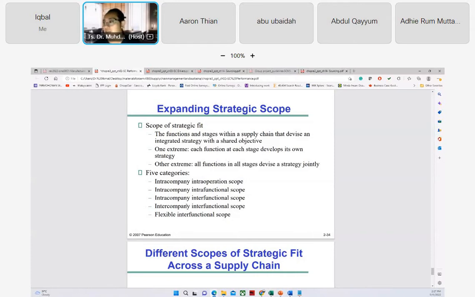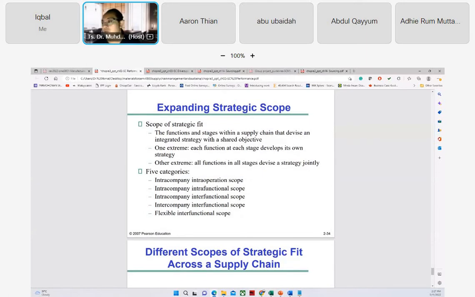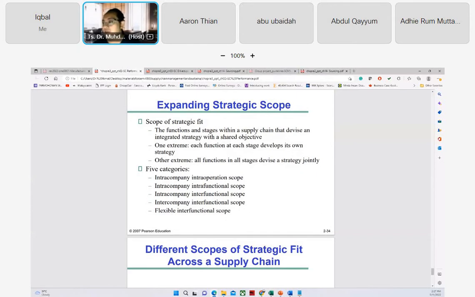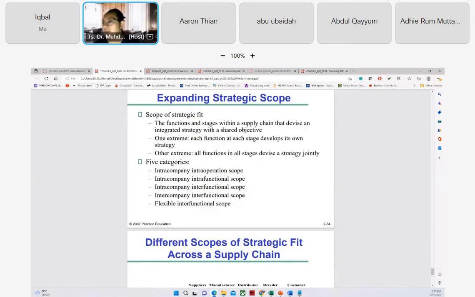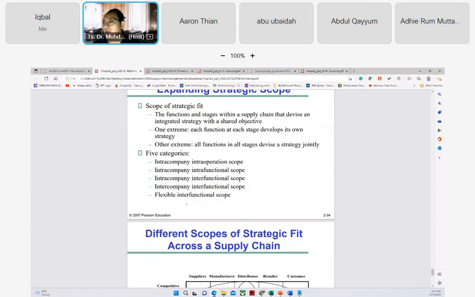So the functions and stages within the supply chain devise an integrated strategy with shared objective. One extreme, each function at each stage develops its own strategy. Another extreme is all functions in all stages devise a strategy jointly. So you have to understand your business policy, for example, and how you want to relate among your business functions.